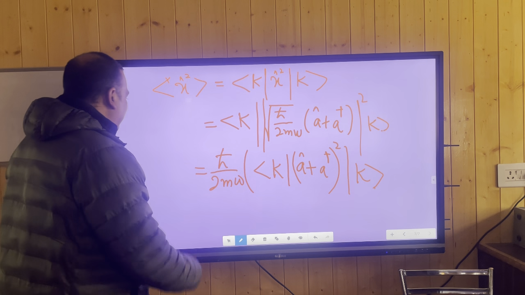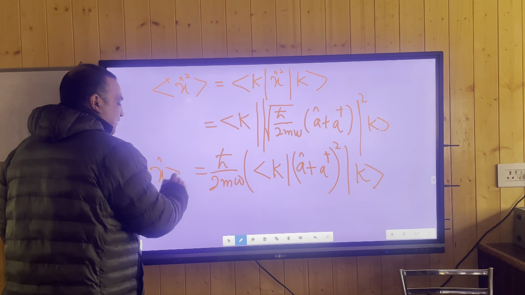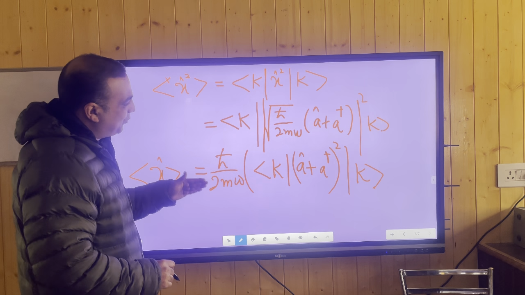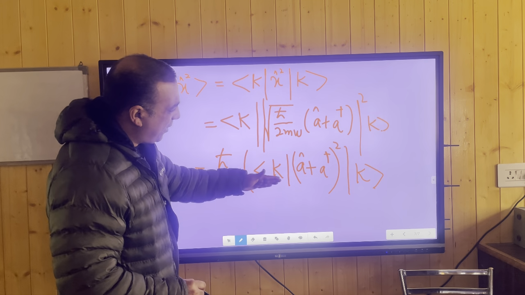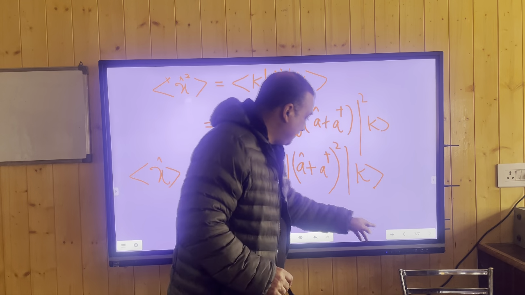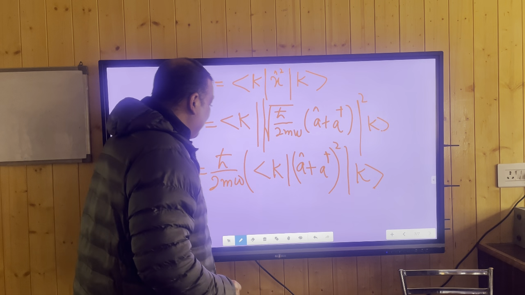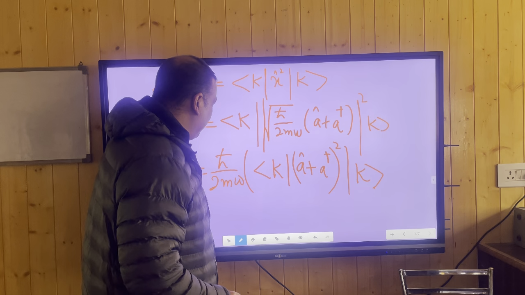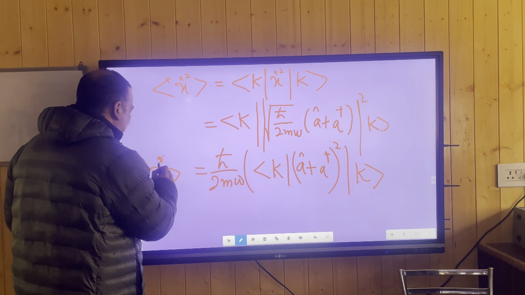What we are going to do here is take the product, but one thing is clear, that we have to take this product in order, because everything depends on order. If we do something wrong in order, then we will have inconsistent results. So here we have the square of it.